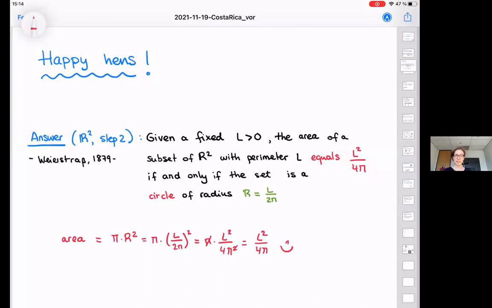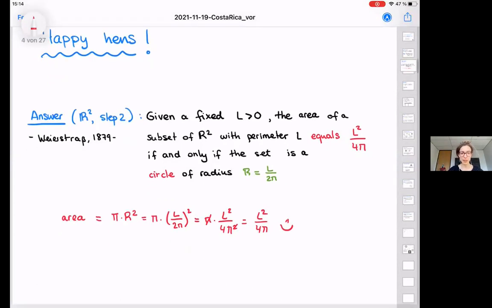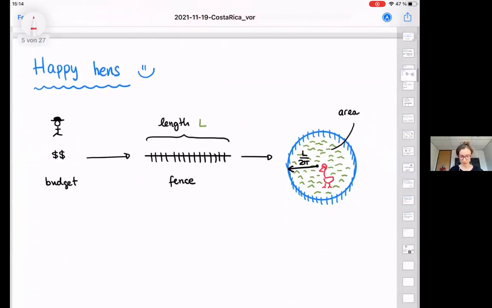So there we go. And so now, if we go back to the pictures from the very beginning, this is what happens. If I am a farmer, what I'm going to do is draw a circle with that area, and my hens are going to be very happy about that.